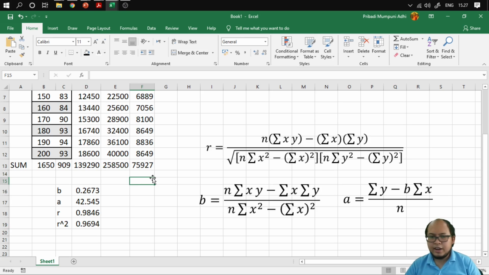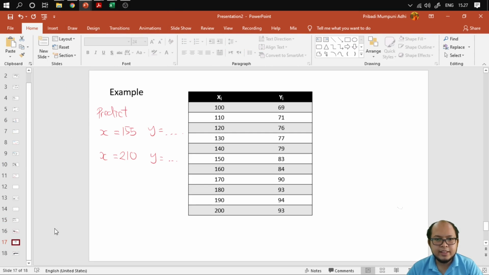Okay, so all the values are all set. So this data means we will have the equation y equal to 0.267x plus 42.545, with the r square of 0.969.